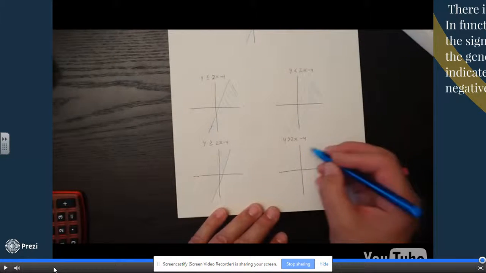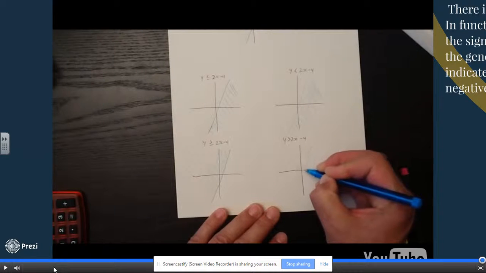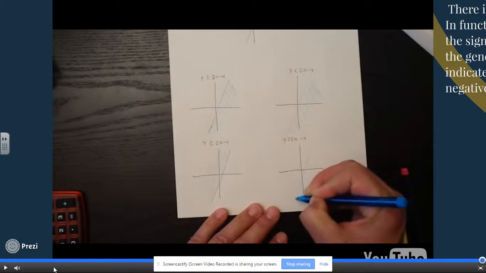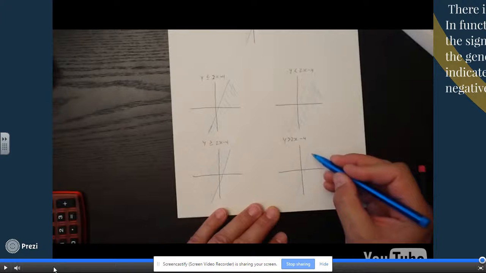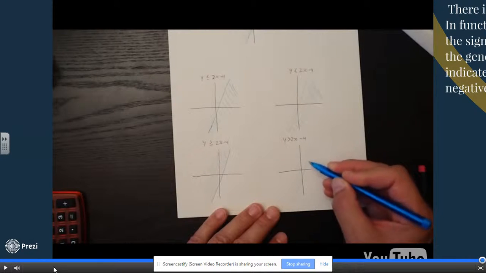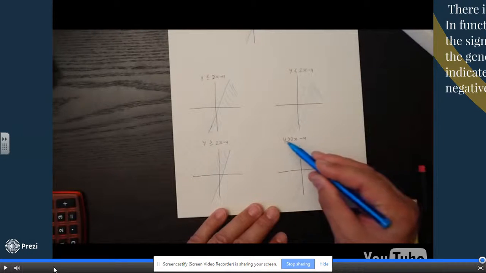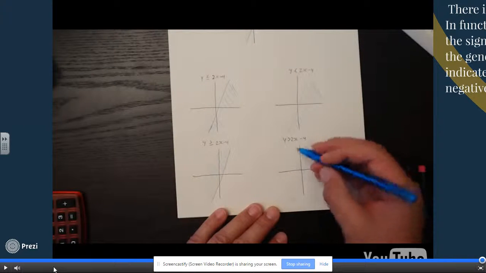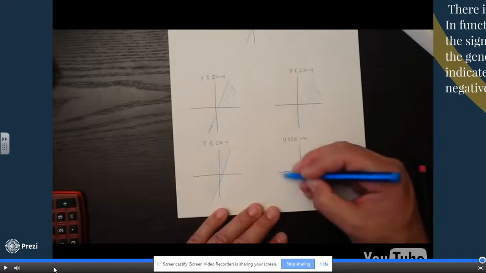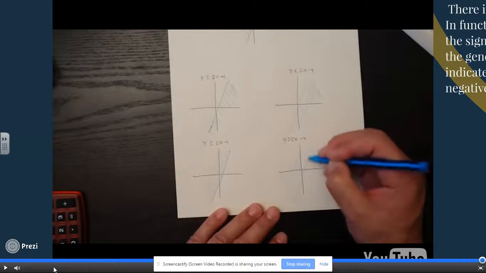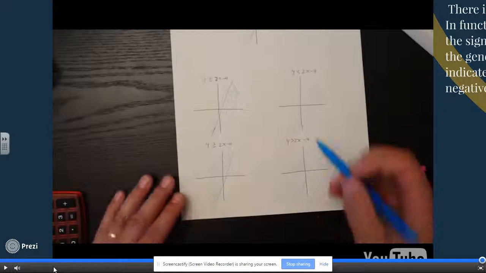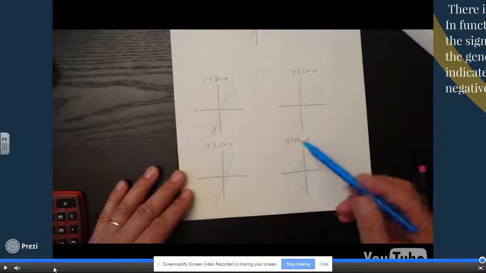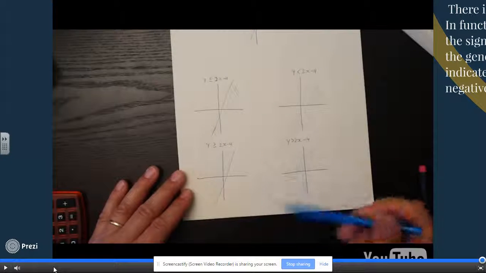And as you can expect, the same line gets drawn in this case in dashed line, because the solution set doesn't include the line itself. Y is greater than that stuff. It doesn't include what it's equal to. And of course, y is greater than means we have the upper half plane. And those are the 4 ways to graph the 4 possible relations between y and 2x minus 4.